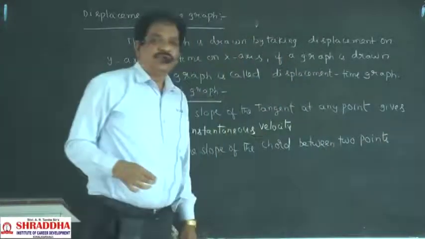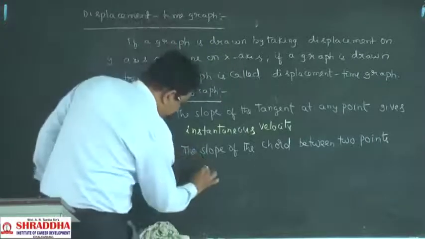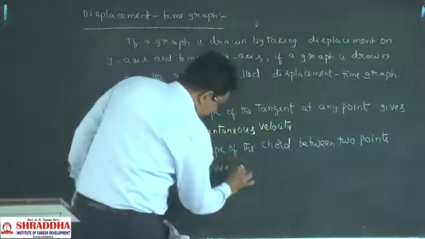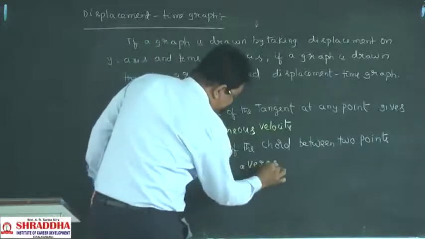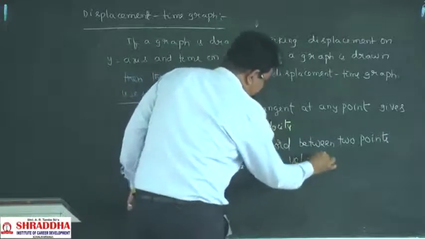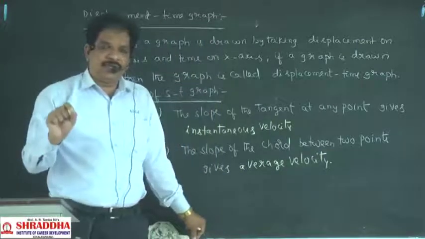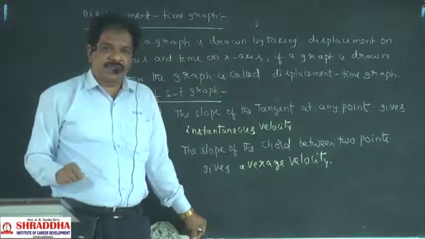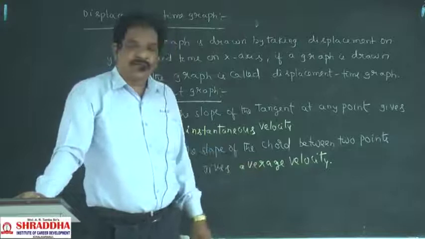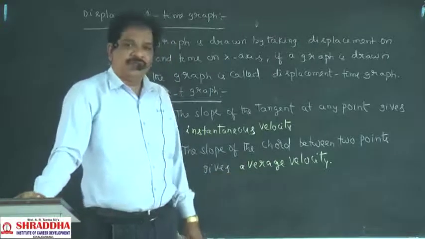The slope of the chord between 2 points gives average velocity. Slope of the tangent at any point will give instantaneous velocity. In the same way, slope of the chord between 2 points, that will give average velocity.